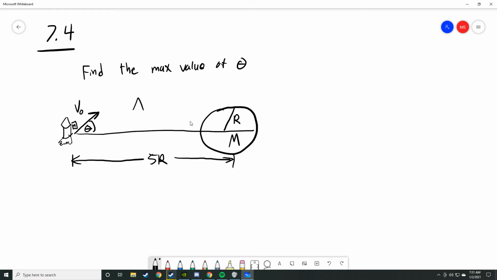It'll go head on, right? Battering ram into it. So find the max value of theta is what we're looking for. That will cause a collision.